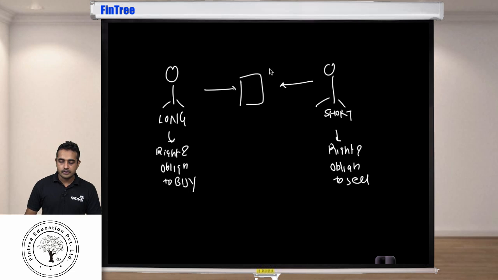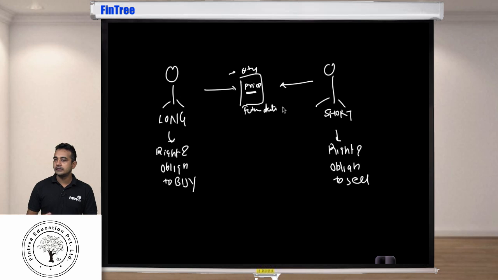Sell what? A predetermined quantity of underlying asset. The underlying asset could be equities, bonds, commodities, currency, any asset. A pre-specified quantity, and most importantly a pre-specified price at some pre-specified future date. So this is what we say is the forward contract.